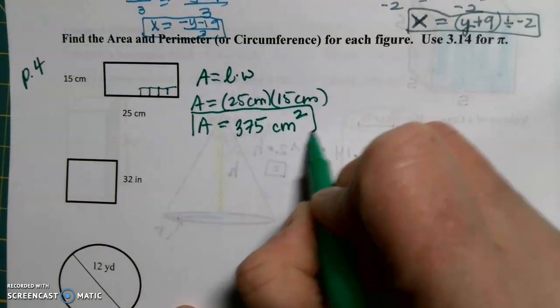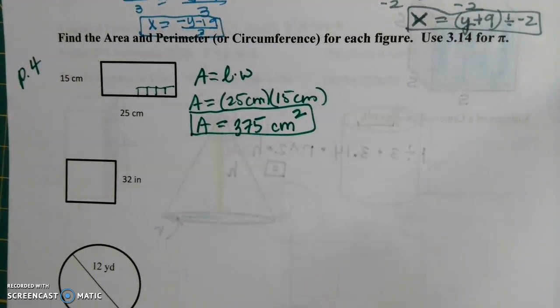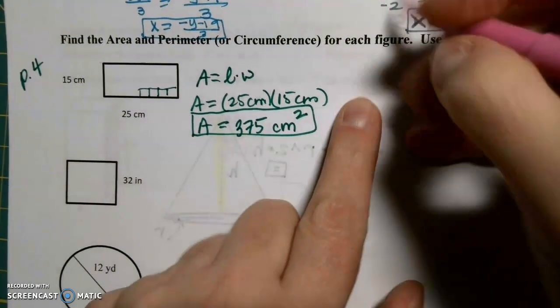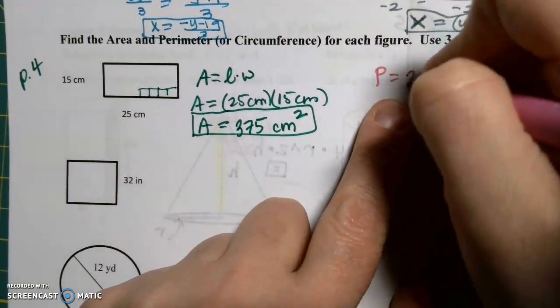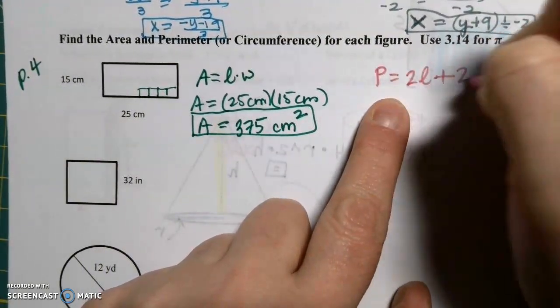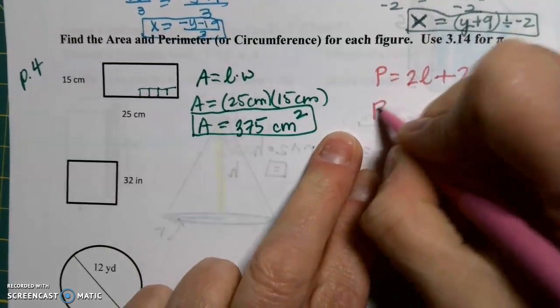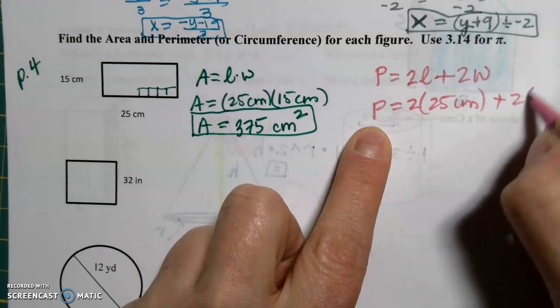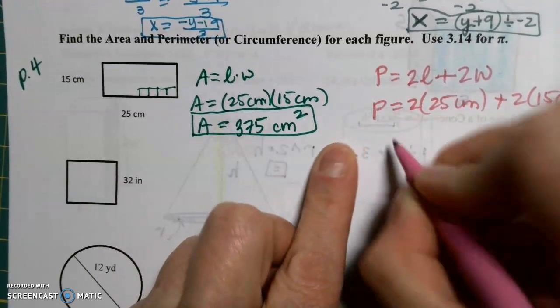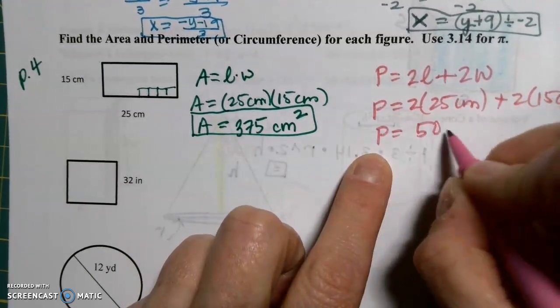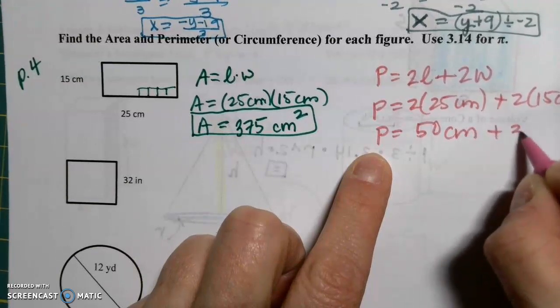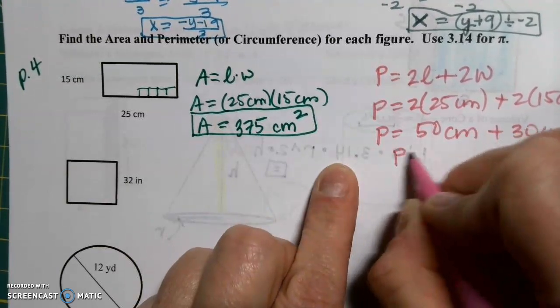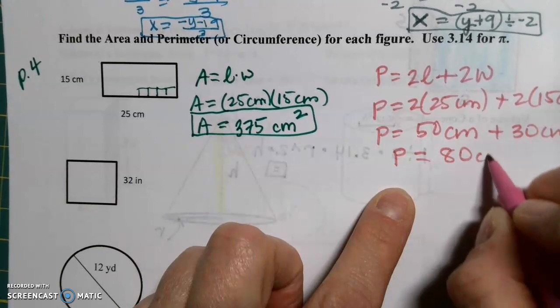So area is squared units. Circumference or perimeter for this figure, so it's a rectangle, so perimeter is 2 length plus 2 width, and that's going to be 2 times 25 centimeters plus 2 times 15 centimeters, so 50 centimeters plus 30 centimeters, and we add those together and we get 80 centimeters.